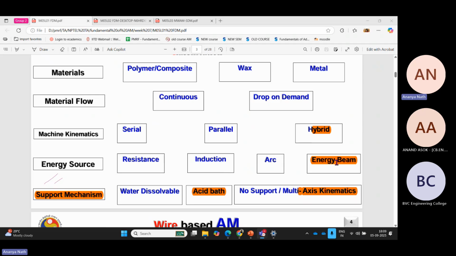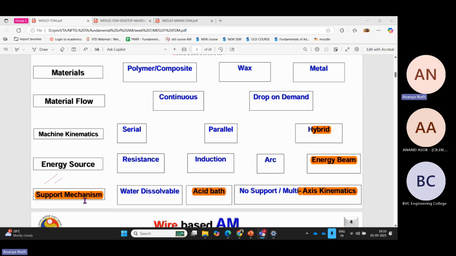For this process, the use of laser is similar to the second one: the laser will actually melt and solidify the powder or the wire. Here we are talking about wire. In vat photopolymerization, laser was used to cure the liquid resin. Here, laser will be used to melt and solidify the wire. That is the energy beam.